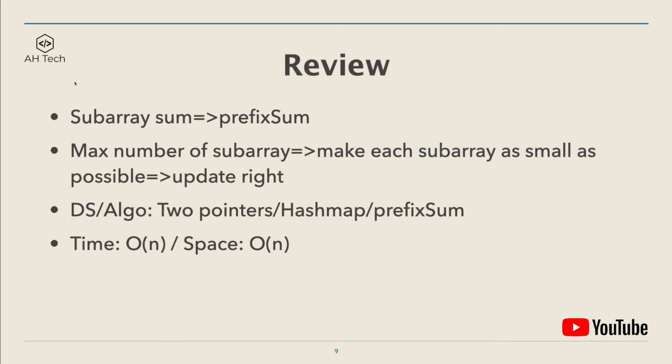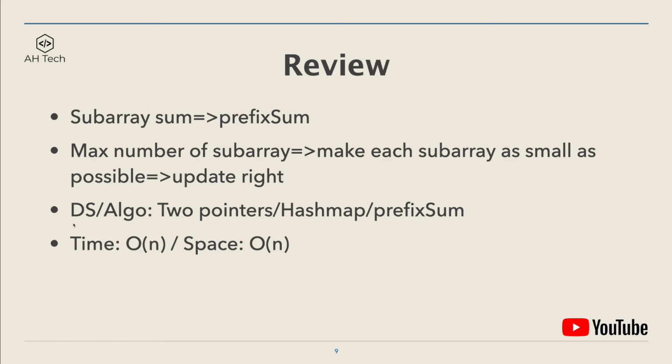And to review, for problems that need to calculate subarray sum, first try to think of the prefix sum technique to solve this kind of problem. The tricky part for this problem is we have to get the maximum number of subarrays, which means that we have to make each subarray as small as possible. So to do that, we will update the variable right, which is the right bound of each subarray, once we have found them.